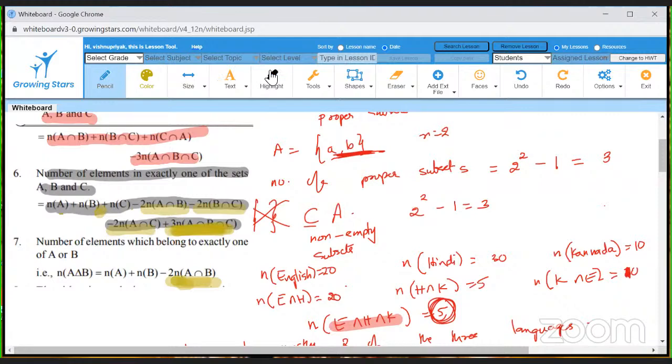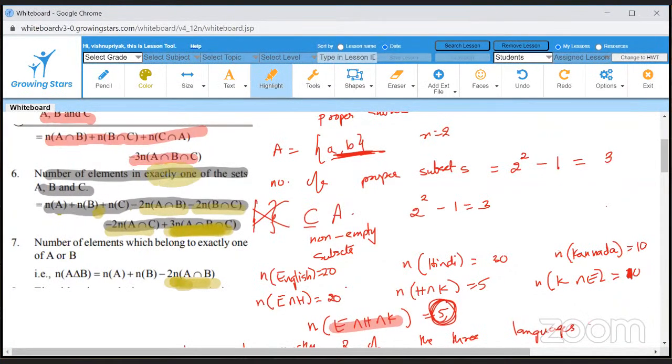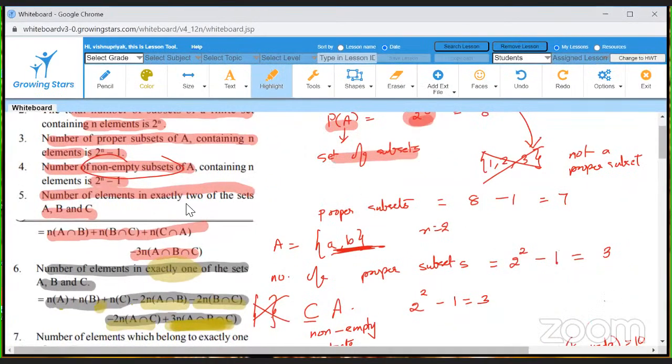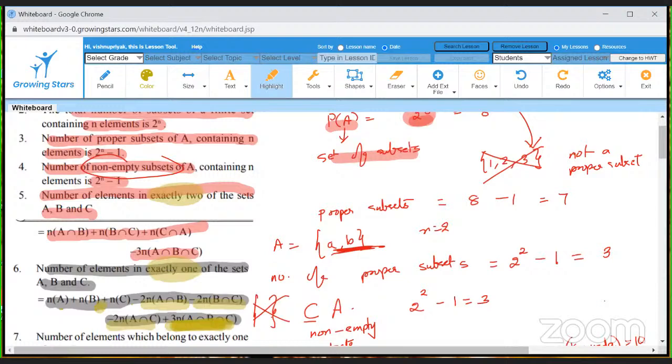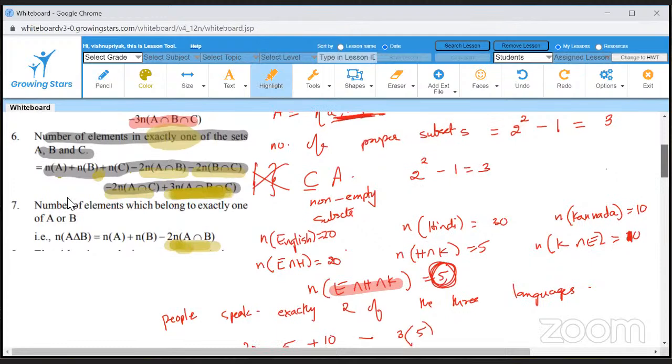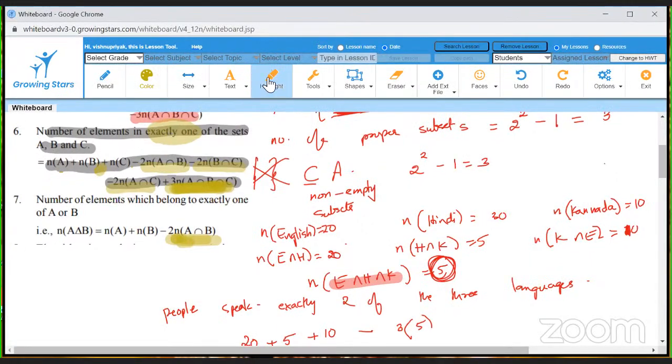Only thing you remember here is: exactly one language we have to speak. Here exactly 2 languages we have to speak. Keep that in mind and memorize the formula.